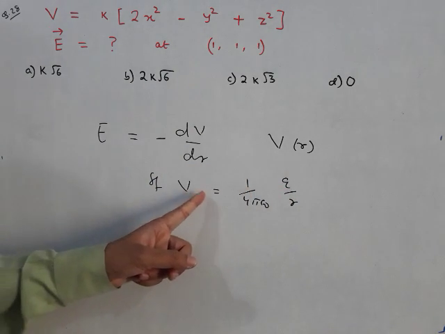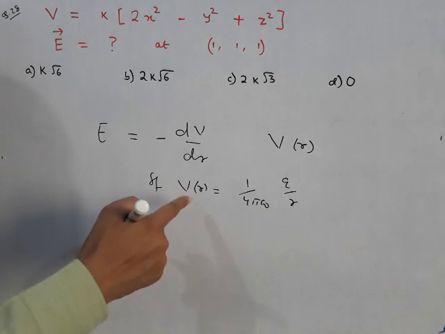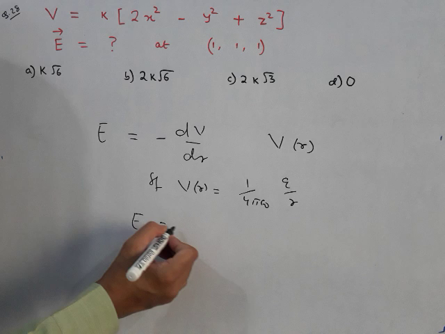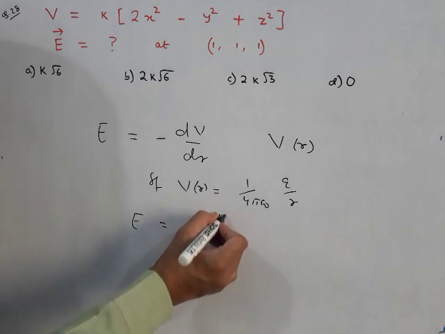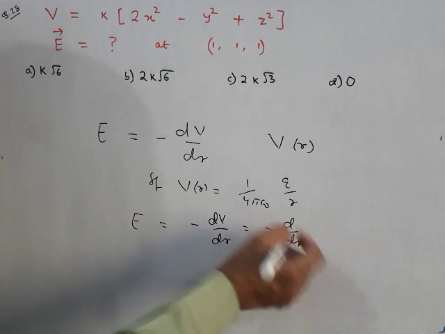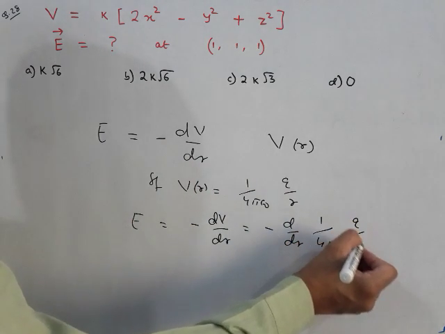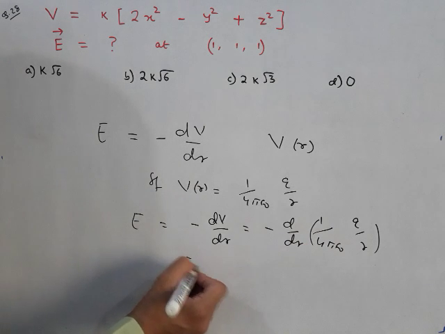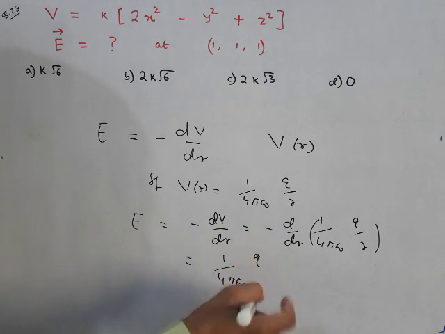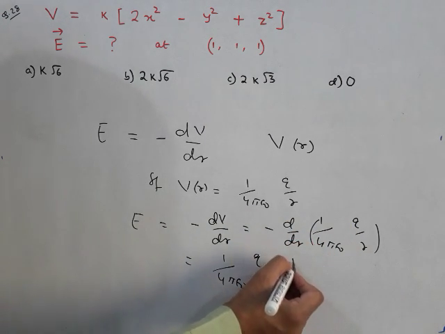Knowing this formula for potential at distance R from the point charge, you can also calculate electric field at a distance R from the point charge. And electric field will be how much? Its value will be minus dV upon dr, so is equal to minus d by dr of 1 by 4 pi epsilon naught Q upon R. On solving, 1 by 4 pi epsilon naught and Q being constants will come out, derivative of 1 by R will be left behind, that is minus 1 by R square.